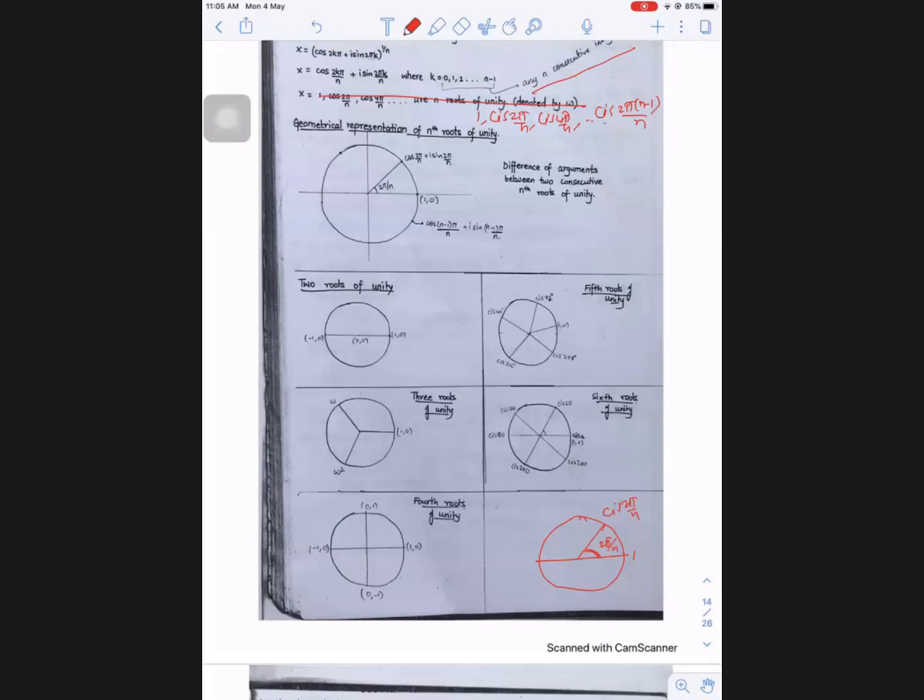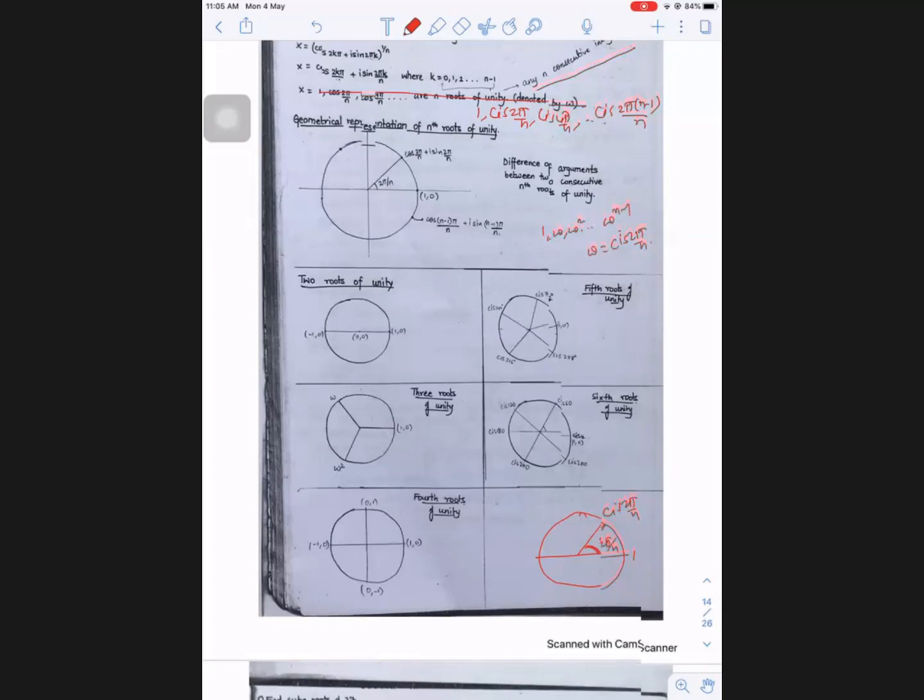So the difference of argument between two consecutive roots is always 2 pi by n. By using this, in general, all these roots we denote as 1, omega, omega square, like this, up to omega power n minus 1, where omega is equal to cis 2 pi by n.